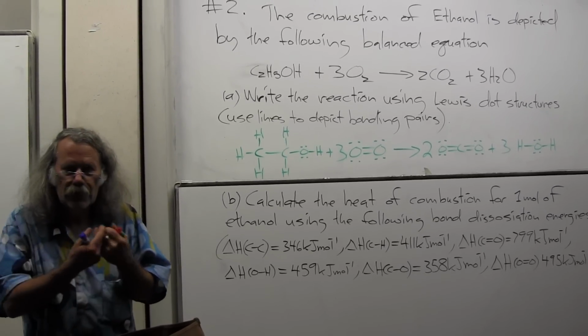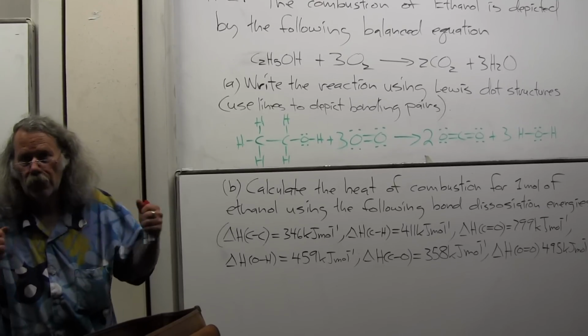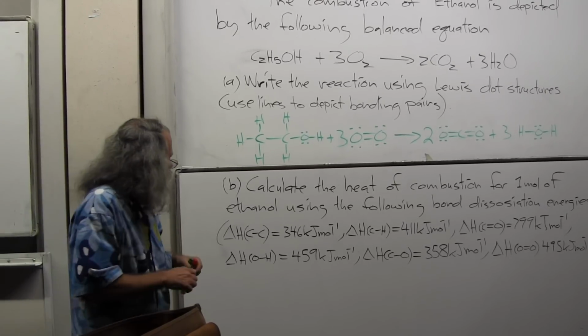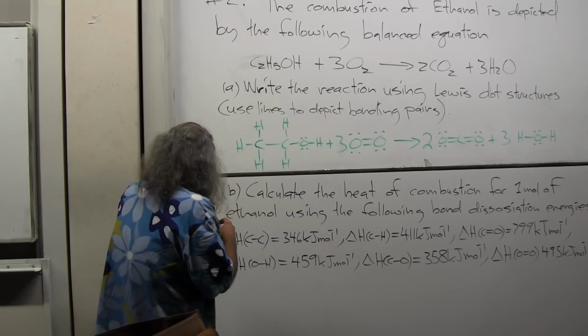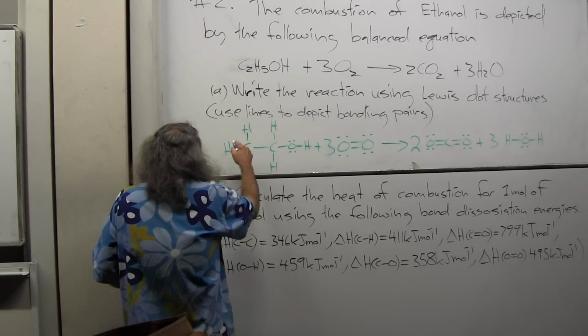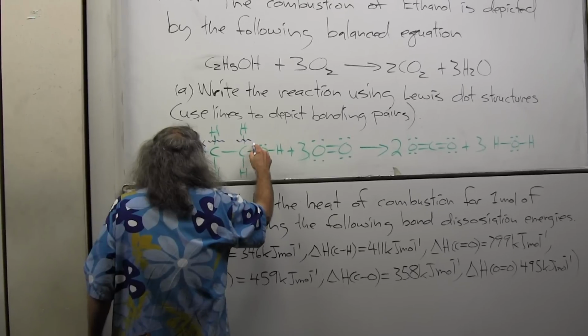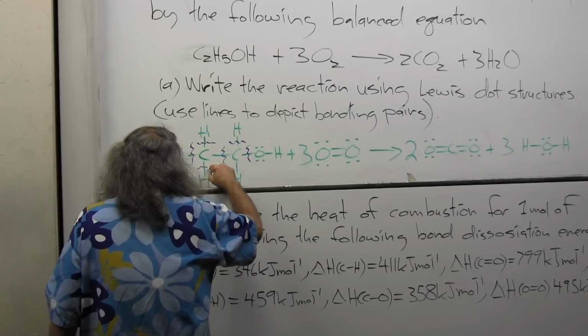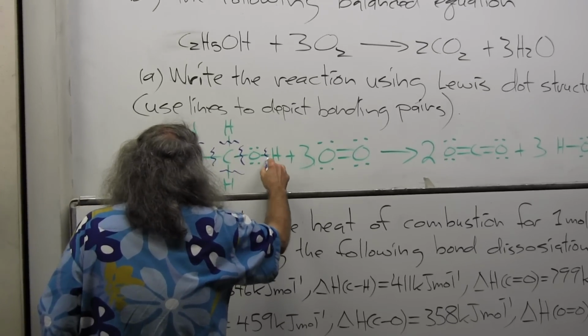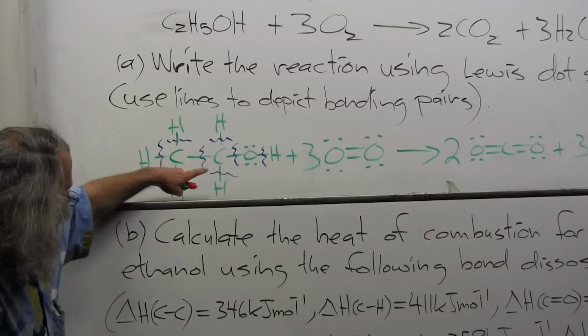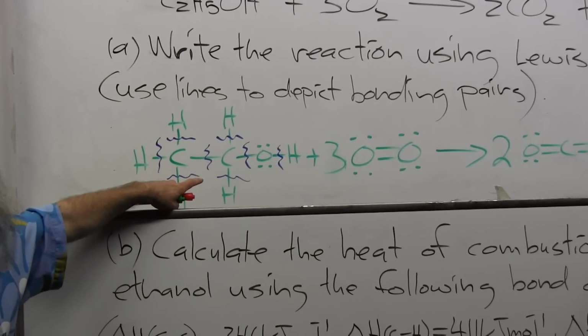You have to put energy in order to dissociate the bond. And so I want to just draw a line through each of these bonds. All of these bonds are going to be broken.